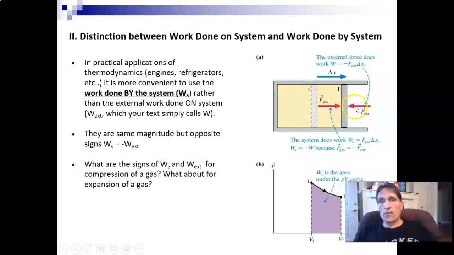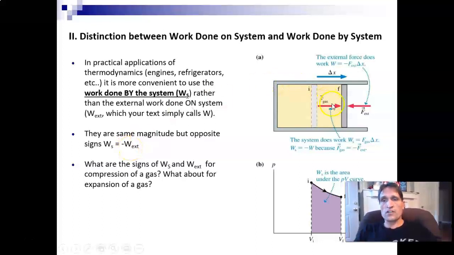They're the same force magnitude and the same displacement, so the work is the same magnitude, but opposite in sign. The work done by the system, which the author calls WS, is the negative of the work done externally by the surroundings on the system.